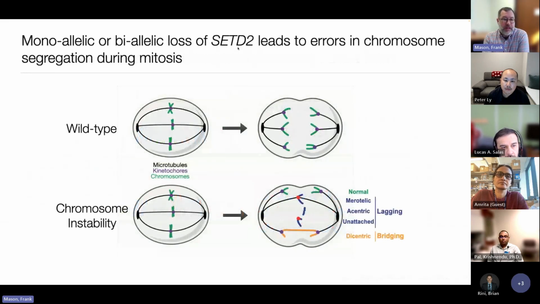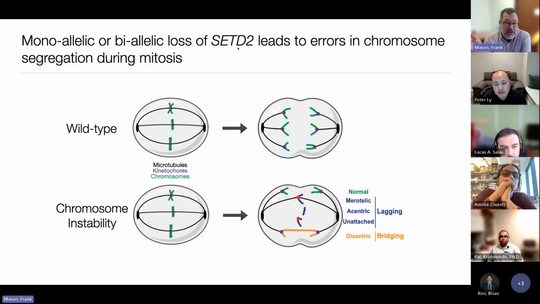And chromosome instability can occur through several different mechanisms, but one of the most well established is through altered chromosome segregation, or chromosome missegregation in mitosis. So normally, as cells are entering mitosis, microtubules grow and attach to kinetochores on sister chromatids, and then segregate these sister chromatids to the presumptive daughter cells.